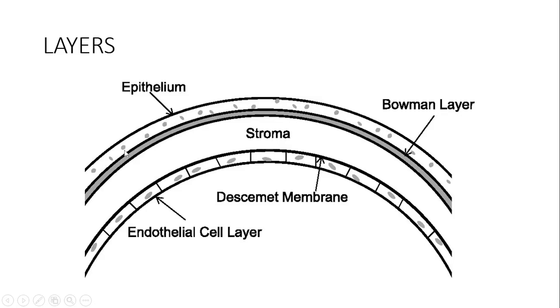Other cells are the wing cells, at the wings of the epithelium. The last but not the least are the limbal stem cells. So these are the four cardinal cells which the epithelium has.